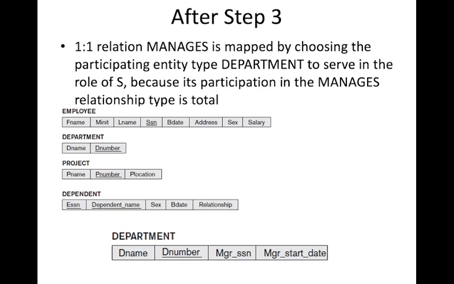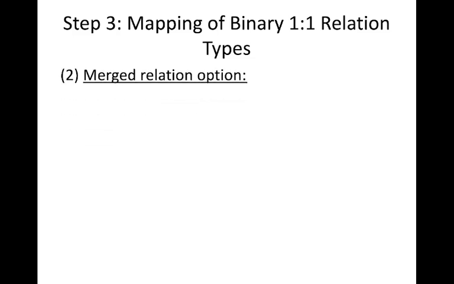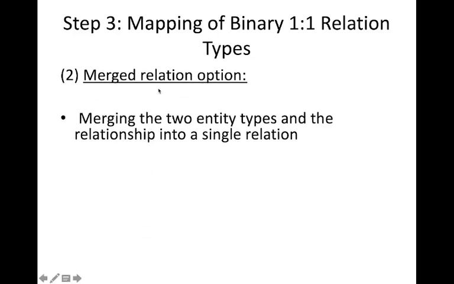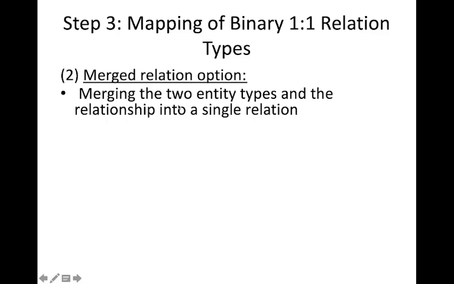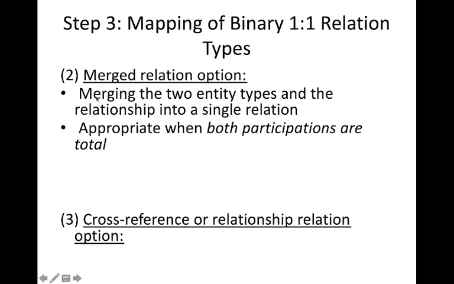But in this case, it won't be good because there will be many null values in that relation. We can either follow the first approach, or in some cases, the second approach, merging those two relations into a single relation. It is appropriate when both participations are total. If there is total participation from both sides, then this merged approach will be better.